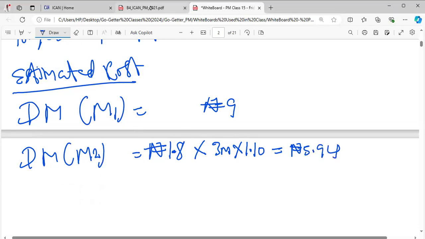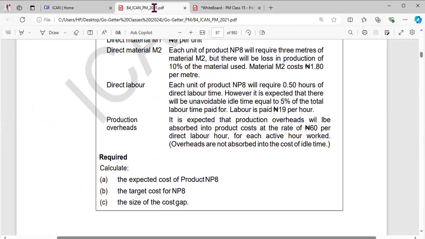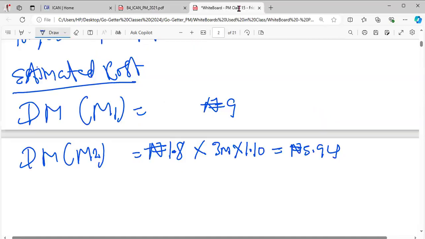Then in the third one here, you have direct labor. Each unit of the product will require 0.5 hours of direct labor time. It is expected that there will be an avoidable idle time of 5% of the total labor time paid for. So we'll account for it here.